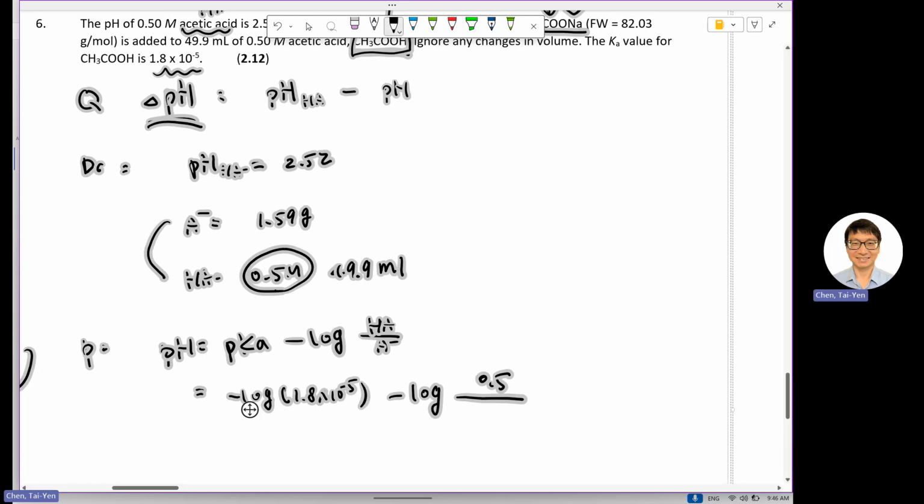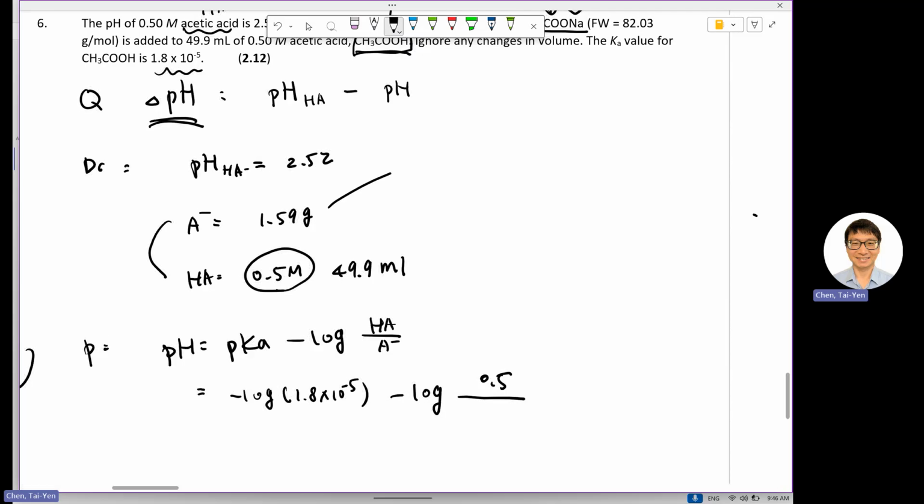The way you calculate the concentration of your base is the moles of your base, which is 1.59 divided by the formula weight, 82.03, divided by the volume, 49.9 divided by 1,000, right?